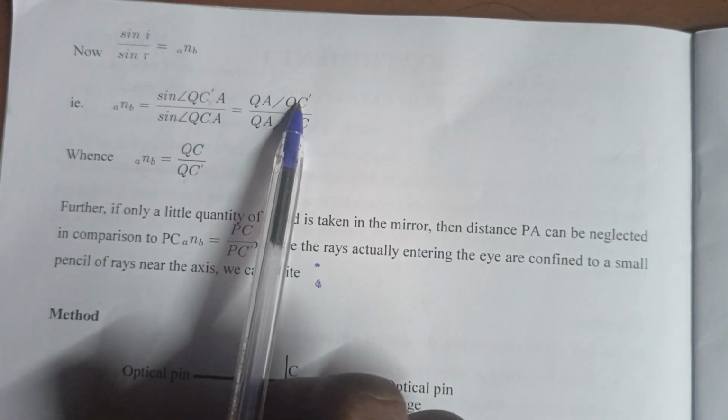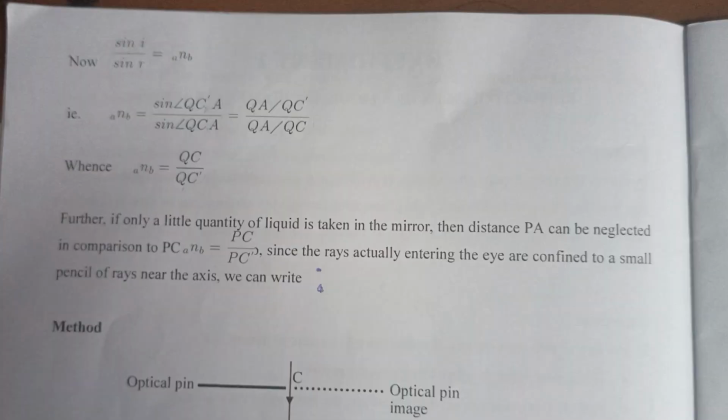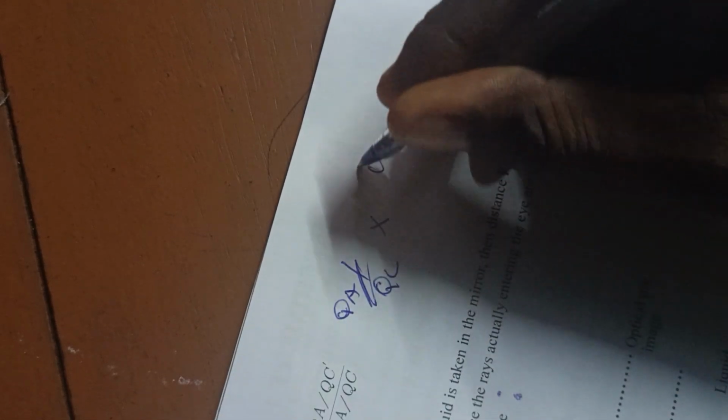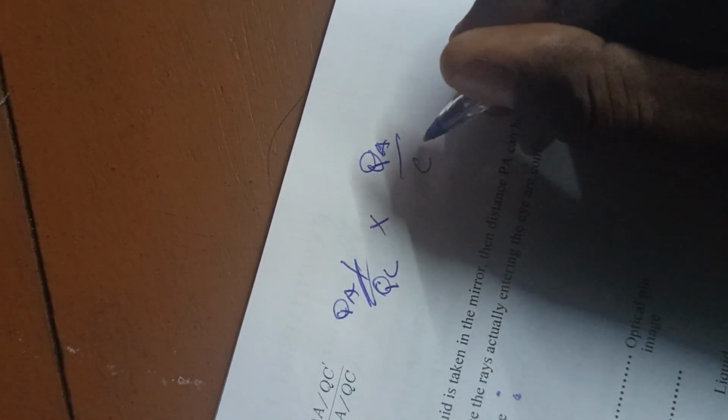If this is dividing this and this is dividing this, at the end of the day we'll have a relation like this: QA, QC times QA, QC. So this is C prime.